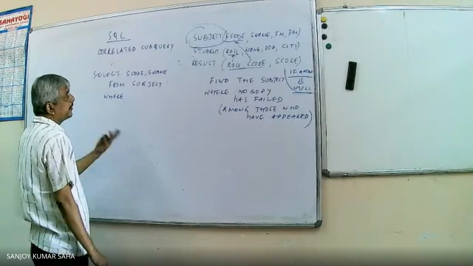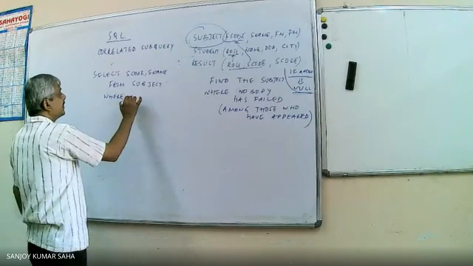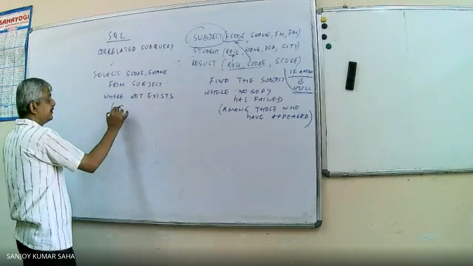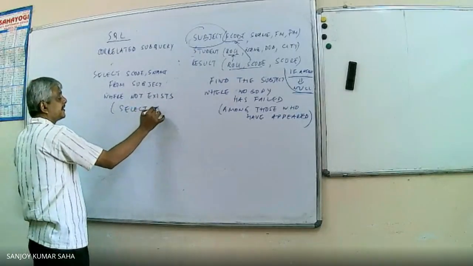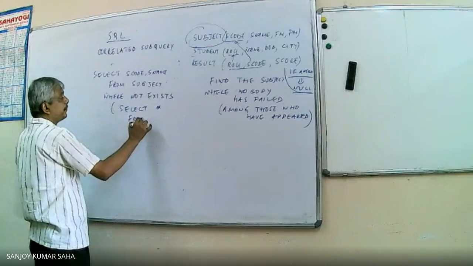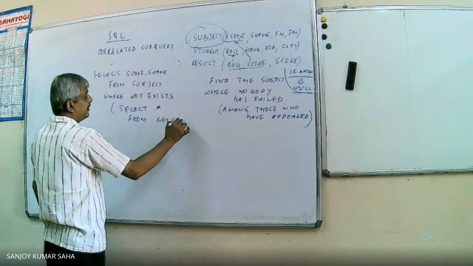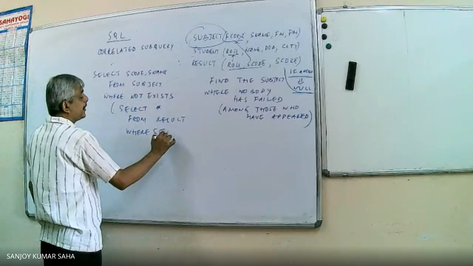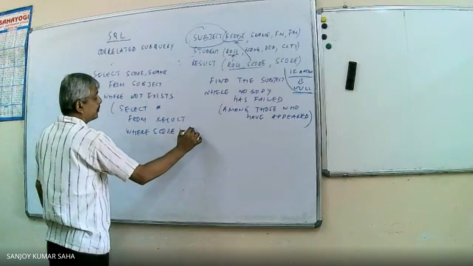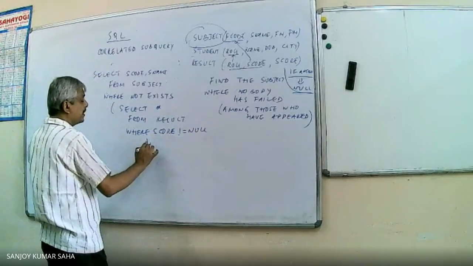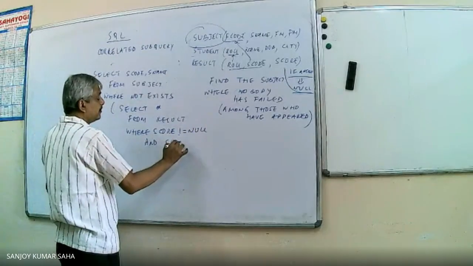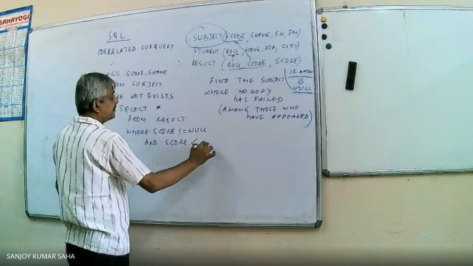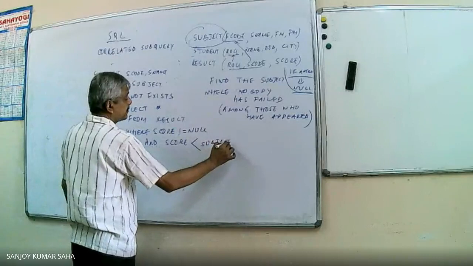Then what we can do? See, we can do it in a number of ways. We can say where not exists, select star from result, where, as we have considered we may have some null value also, score not equals to null, and score less than subject dot first marks.